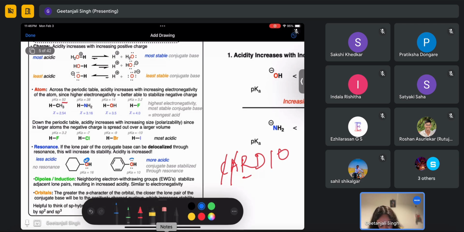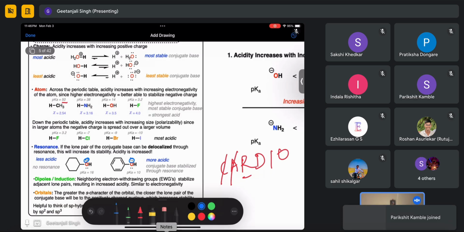Whereas the lone pair in phenol can move like this, like this, and it can come here. So the lone pair has ample area to delocalize, and it can stabilize the conjugate base after losing this H here. So it makes the compound more acidic.